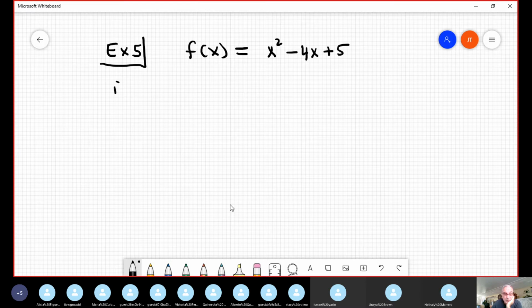Okay, the number one step is identification inside the library of the collection of the typical functions we studied in college algebra. What is the basic function that belongs to this example 5?